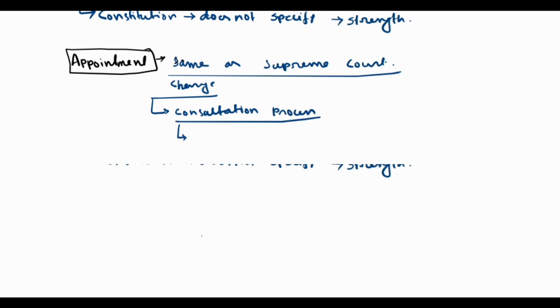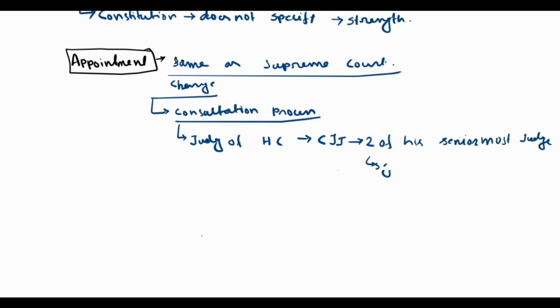In case of appointment of a judge of a High Court, the Chief Justice of India should consult two of his senior-most judges, and in case of Supreme Court, it is four of his senior-most judges. बाकी सब सेम है.